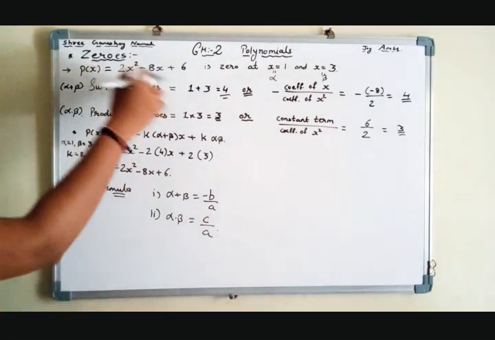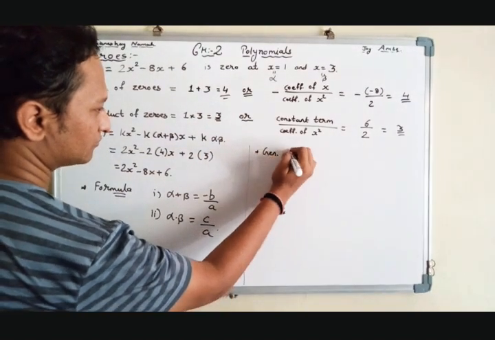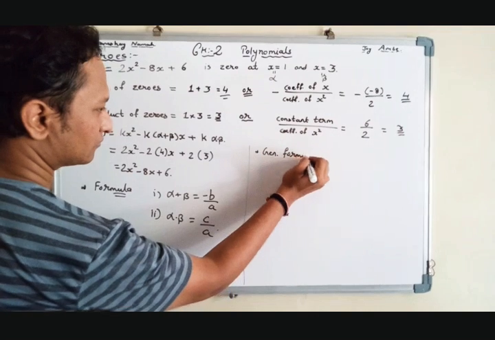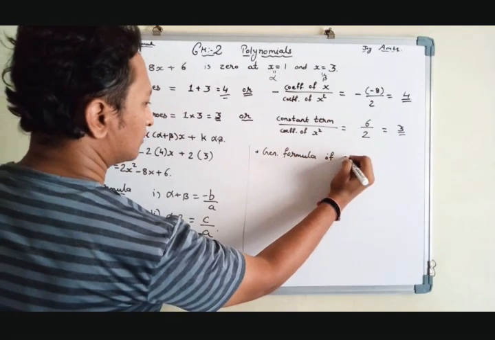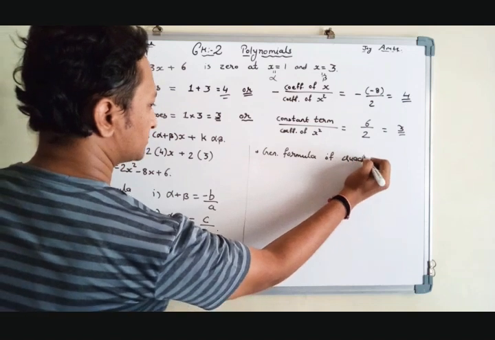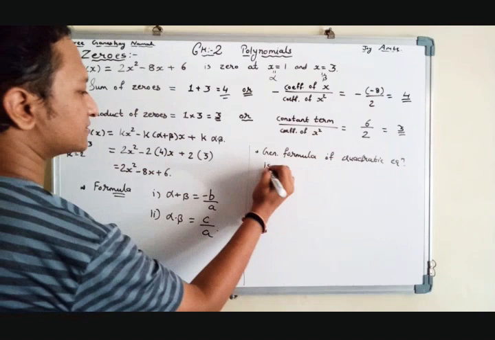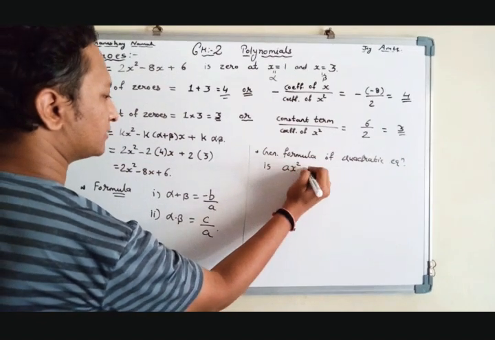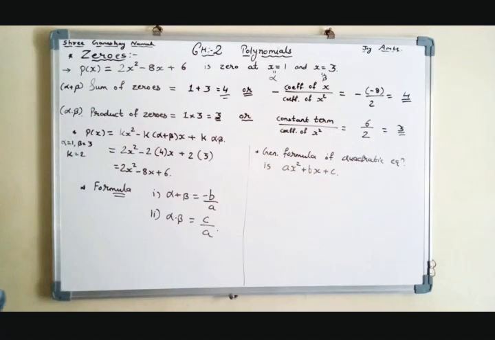Why? Because the general formula of a quadratic equation is ax square plus bx plus c, where a, b, c are constants.